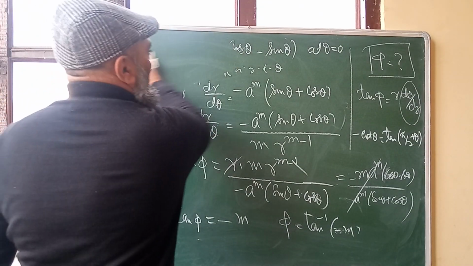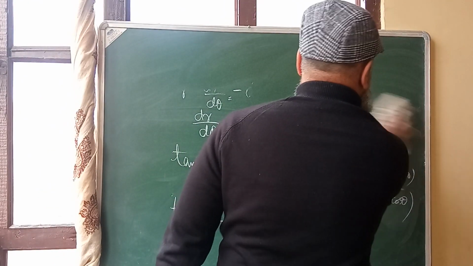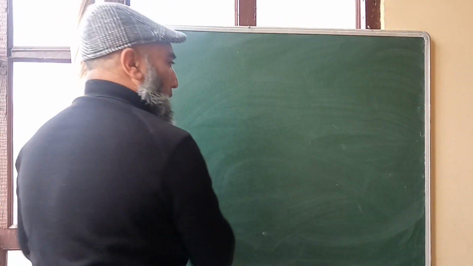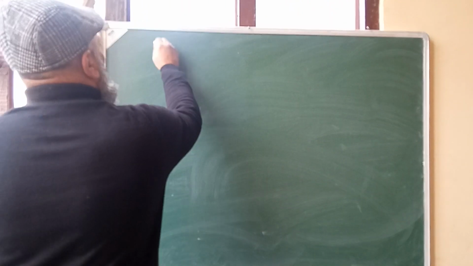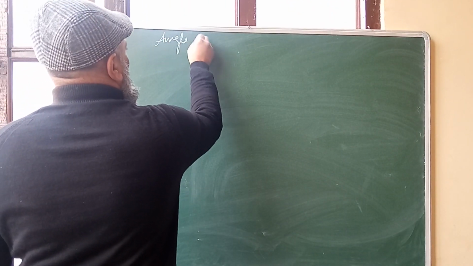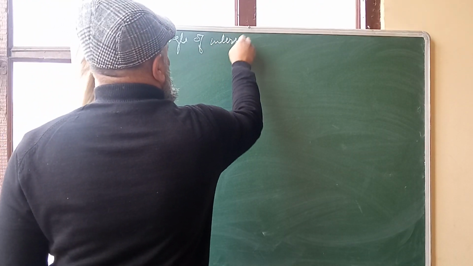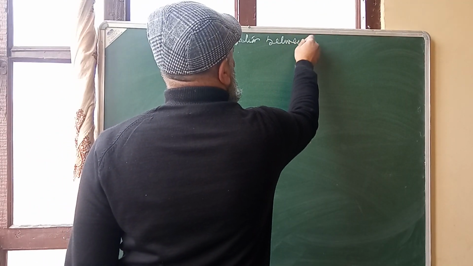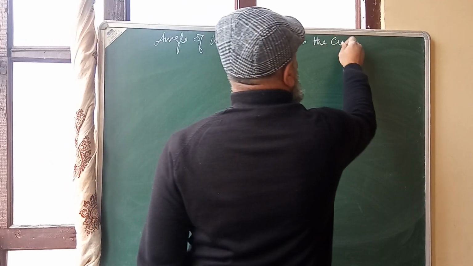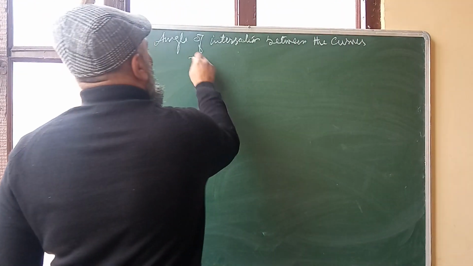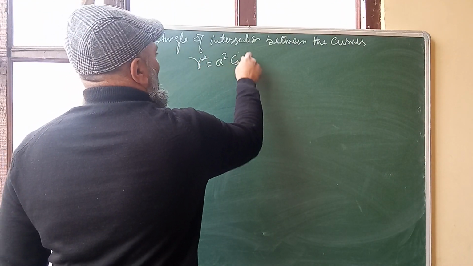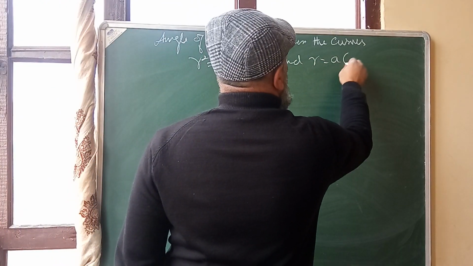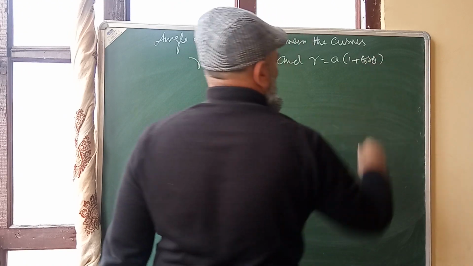Okay, now let me take up one more question. Find the angle of intersection between the curves r squared equals a squared cos 2 theta and r equals a times 1 plus cos theta, right?